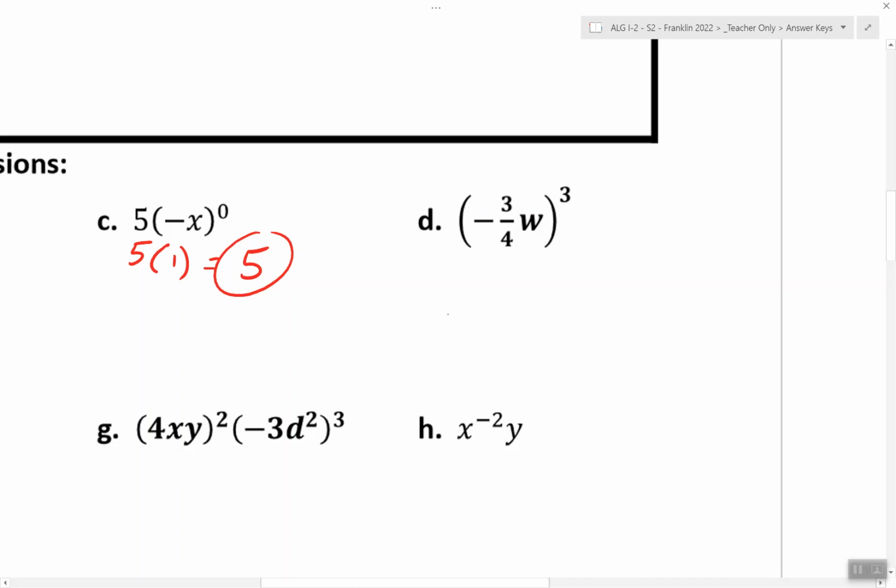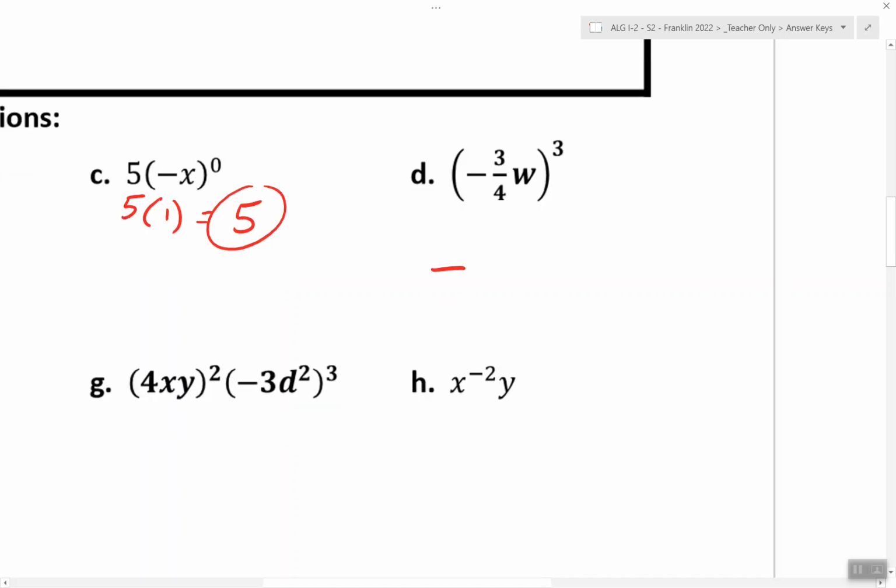That's 3 negatives, ends up being negative. And then 3 to the 3rd power for the top is 27. 3 times 3 times 3, 9 times 3 is 27. 4 to the 3rd power, 4 times 4 is 16, times 4 more, that's 64. And then w cubed. So negative 27 over 64 w cubed.